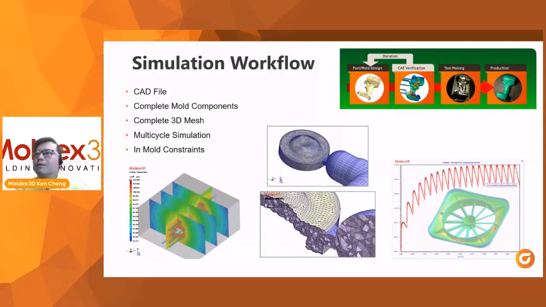You take your CAD model from Cimatron or from other CAD software, and then you import it into Moldex3D. We generate a 3D mesh. Once the mesh is finished, you select the material and set the process conditions. Then you will be able to understand where the hot spot is, how the part is going to warp or shrink, and also the fiber orientation.